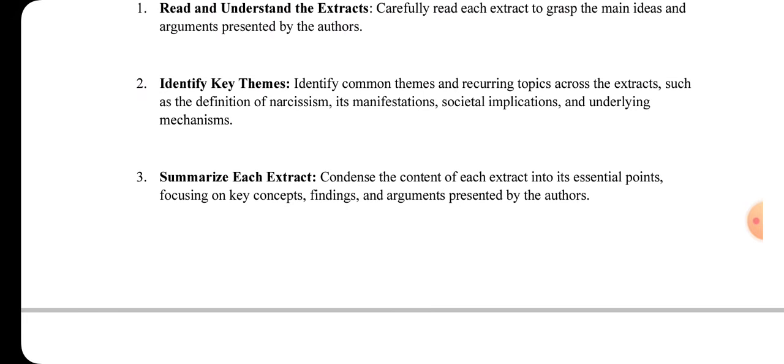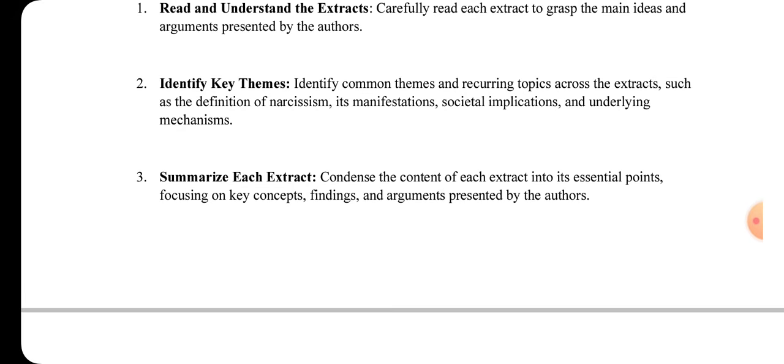Two, identify key themes. Identify common themes and recurring topics across the extracts: the definition of narcissism, its manifestation, societal implication, and underlying mechanism. So here you are to identify key themes. The key themes in the extracts, such as the definition of narcissism, is a key theme.